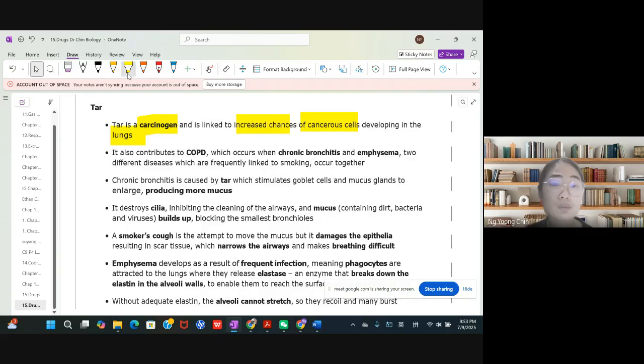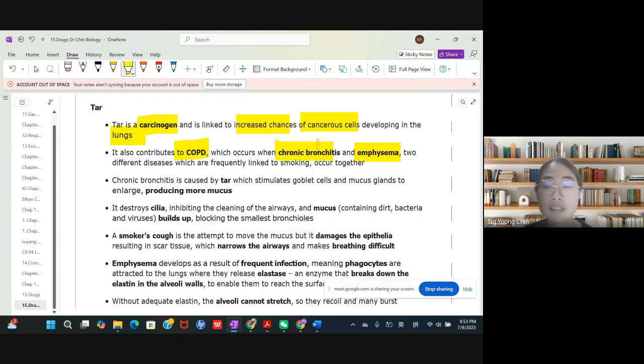And then it can contribute to COPD, chronic obstructive pulmonary disorder. COPD is a complicated term. It includes two conditions: chronic bronchitis and emphysema.